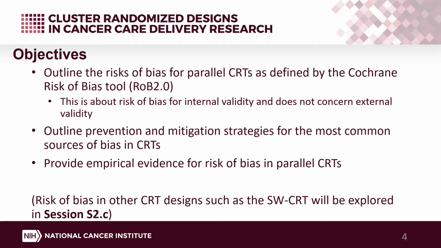That's just having a look to identify what proportion of current cluster trials are at risk of bias and why. So in this session, we're going to look at only parallel cluster randomized trials, but in later sessions, particularly session 2C, we're going to look at risk of bias in other designs, such as a stepped-wedge cluster randomized design.